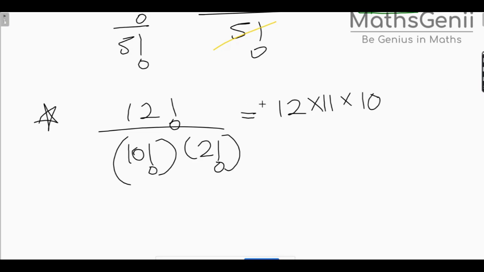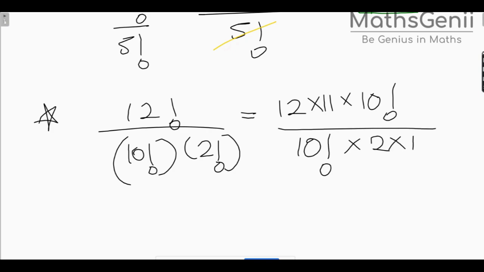I'm not going to do that. 12 into 11 into 10, I'm just going to stop here. I'm not going to go till 1. 10 factorial I'm keeping as it is, into 2 factorial, which is nothing but 2 into 1. Because we go till 1 only, right? If it was 3 factorial, it was 3 into 2 into 1. But since this is just 2 factorial, it is 2 into 1.